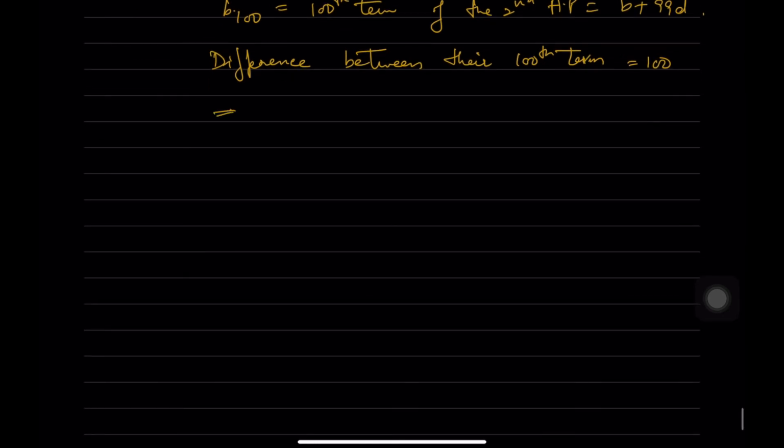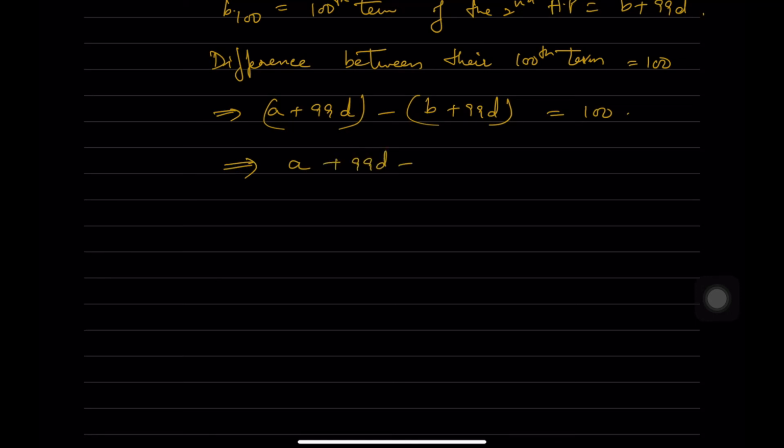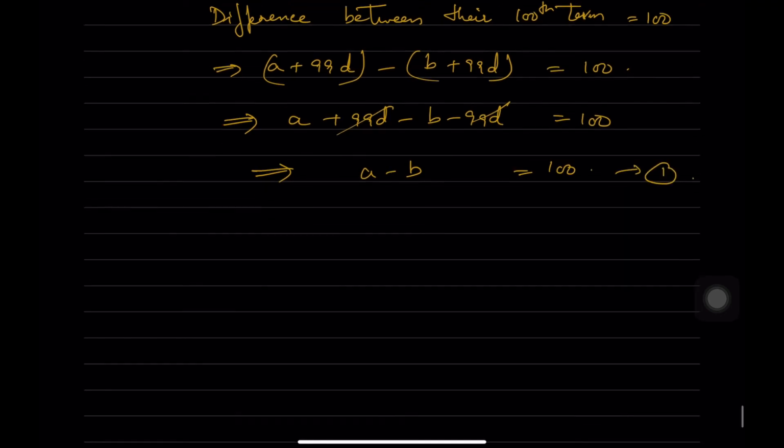So which implies A plus 99D minus of B plus 99D is equal to 100. So which implies that A plus 99D minus B minus 99D is equal to 100. So this and this will get cancelled, which implies that A minus B is equal to 100. Take this as the first equation.